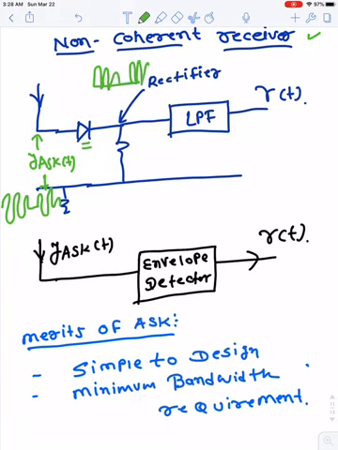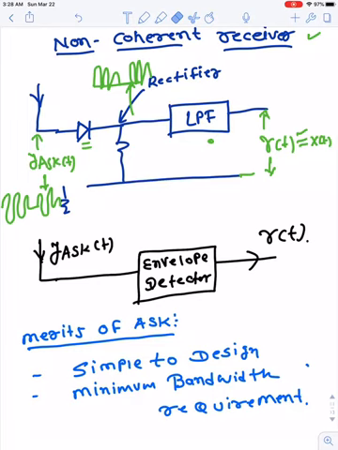then like this, and this signal has two components, desired component and undesired component. Then passing through the low pass filter we can get the R of t signal here, and this R of t signal is similar to the input signal. So one can observe here we have not used the carrier signal anywhere.